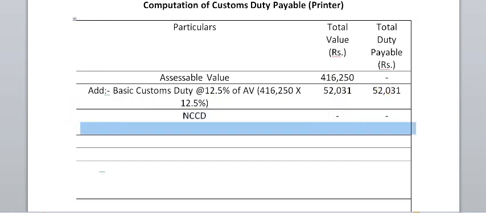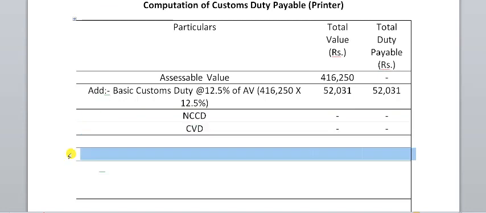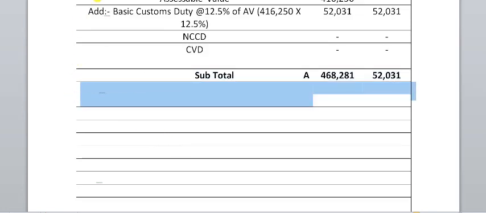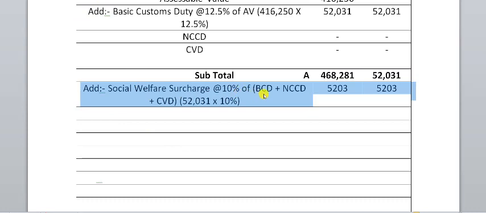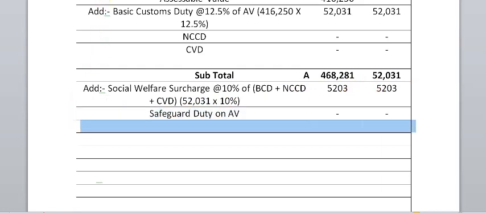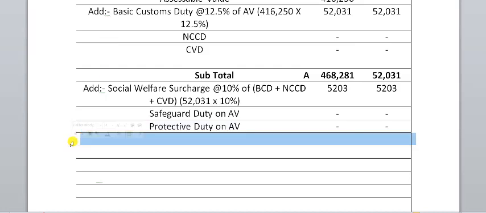NCCD is not given, CVD is not given, so we'll directly get subtotal A 4,68,281, 52,031 as it is. Next, social welfare surcharge always on the duty amount, so 52,031 into 10%, 5,203. Safeguard duty is not given, protective duty is not given, anti-dumping duty is also not mentioned.